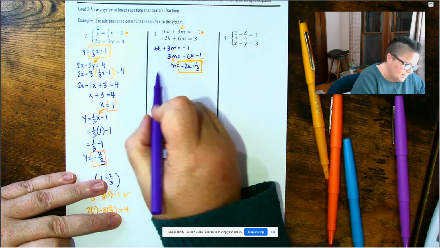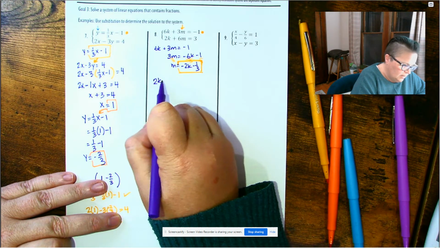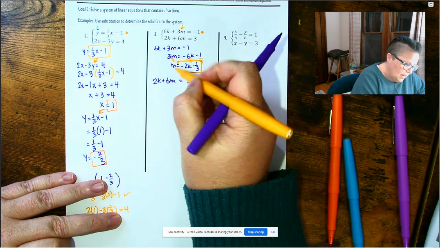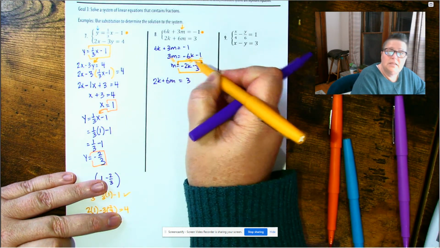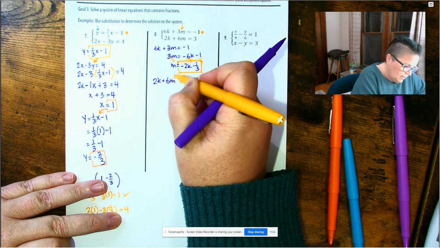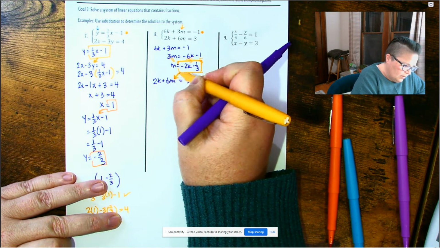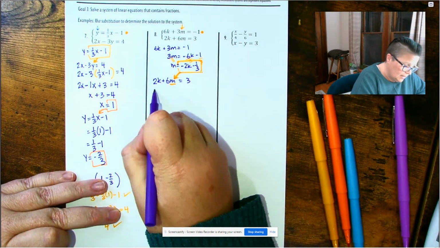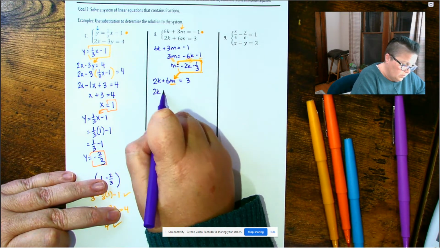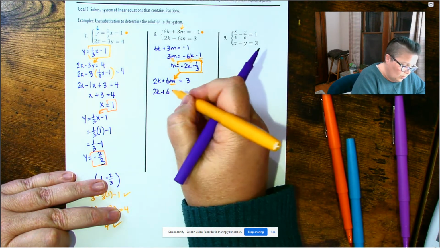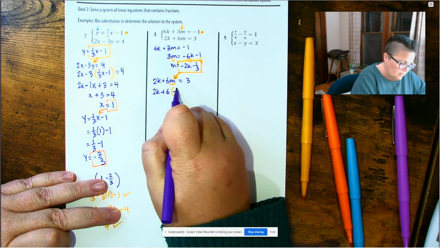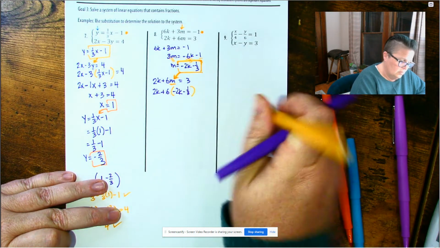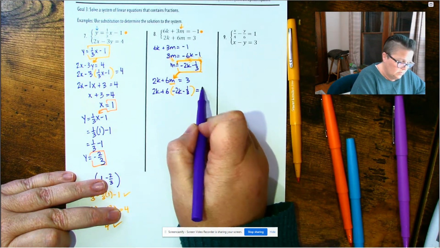So that means in my second equation, 2k plus 6m equals 3, I can take everything that's in this yellow box and put it in for the m. Not the 6. The 6 stays there. So I've got 2k plus 6, and then in parentheses, negative 2k minus 1/3. The rest of this equation is equals 3.